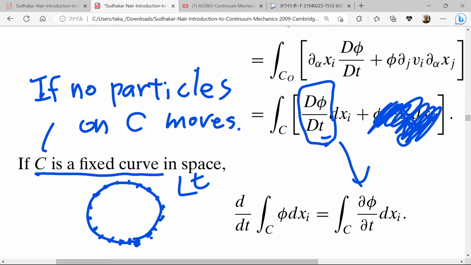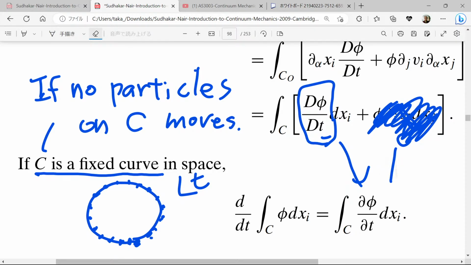Because if the particle doesn't move, x at t plus delta t is just x at t. The position of the particle doesn't change, so you don't have to worry about the time dependence of x.